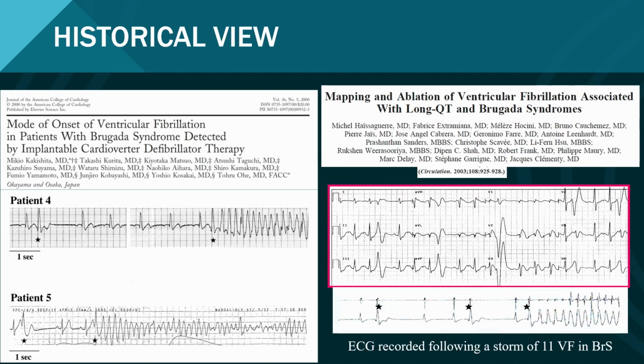And that's also something we noticed in Bordeaux, and Michel Haïssaguerre and Mélèze Hocini and Fred Sacher, they've been working a lot on this condition and other conditions for ventricular fibrillation, as you may know. And they have described the ablation targeting the trigger for these ventricular fibrillation events.